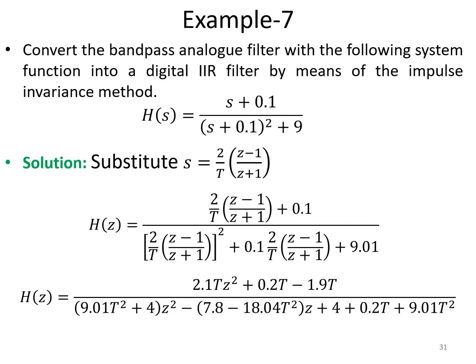Then the next example is the band pass filter. Let us substitute s equal to this value into the transfer function, and the transfer function that you'll get is now second order. It has two poles and two zeros.